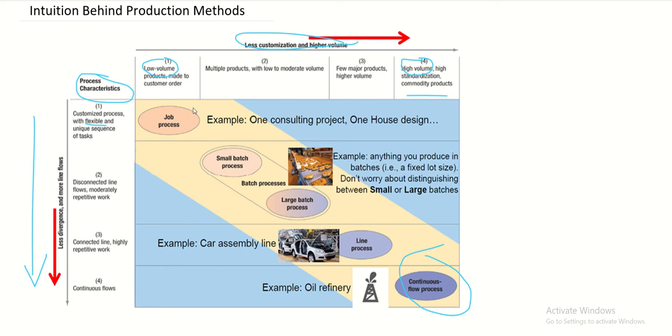Looking here on the left side of this diagonal is the job process. When we think about job process, we usually think about designing a house for a celebrity. For instance, if we are designing a house for Beyonce, then she will probably want a different house than LeBron James. Each time you design a house for a celebrity, you will have to change based on the things that the celebrity told you.